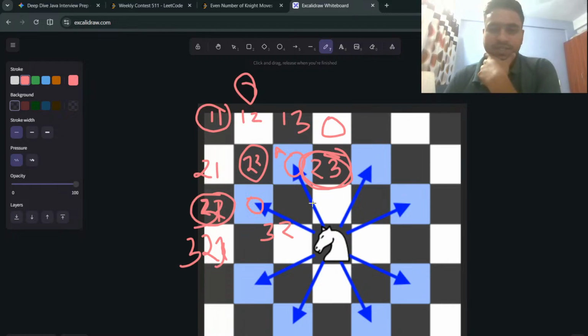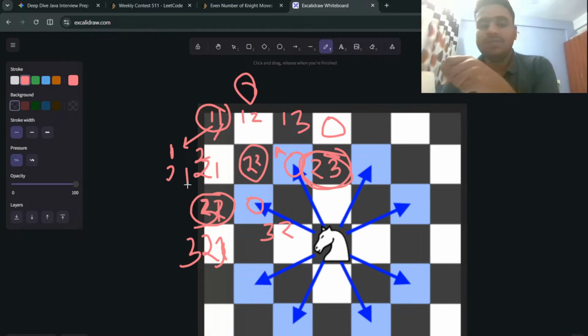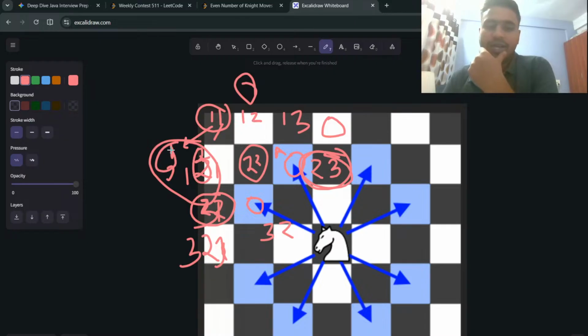So basically, we have seen that for an odd number of moves, we have to increase or decrease one index by one, and the second index should be increased by two. Or the first can be increased by two, or the second by one. It means we have to maintain a difference of odd: one will be odd, one will be even.